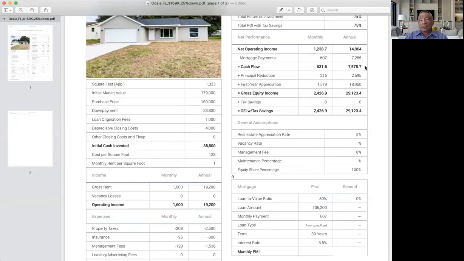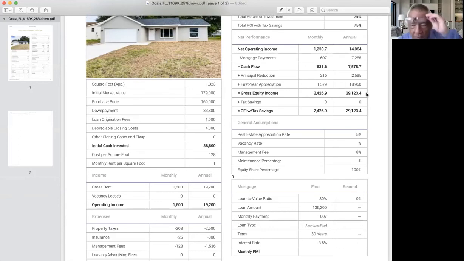So you add the total annual net cash flow at the end of the 12 months, first year of owning this property. Then you add the principal reduction of a couple of thousand. Then you add on the 5% appreciation. You add those three numbers, so your total number, we call it gross equity income, is 23,000-something.